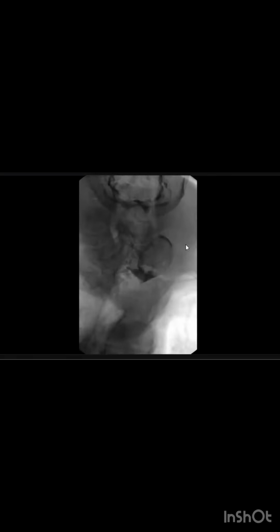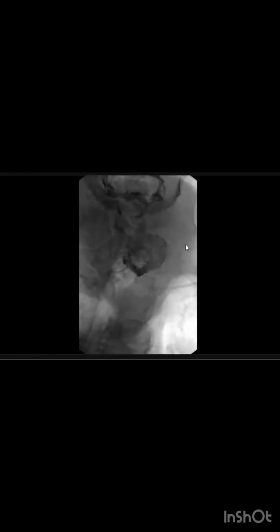All right. So I'm provided with the upper GI contrast study, barium swallow, of the same patient, where I can see a contrast-filled diverticular outpouching from the pharyngoesophageal region, which appears to be lying somewhat anteriorly.